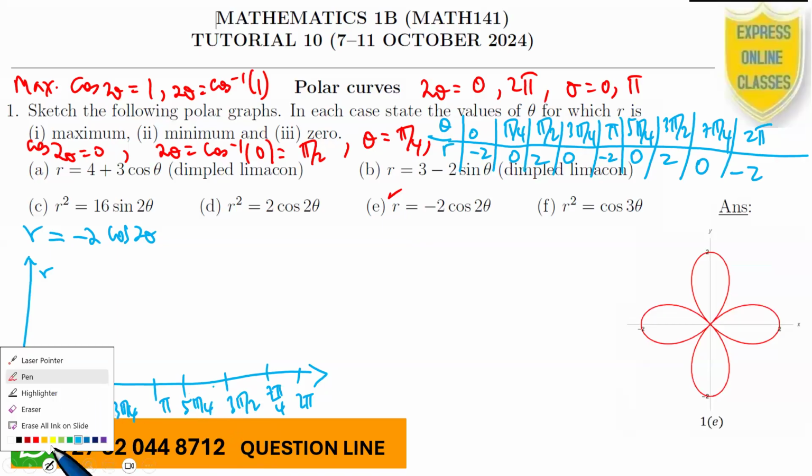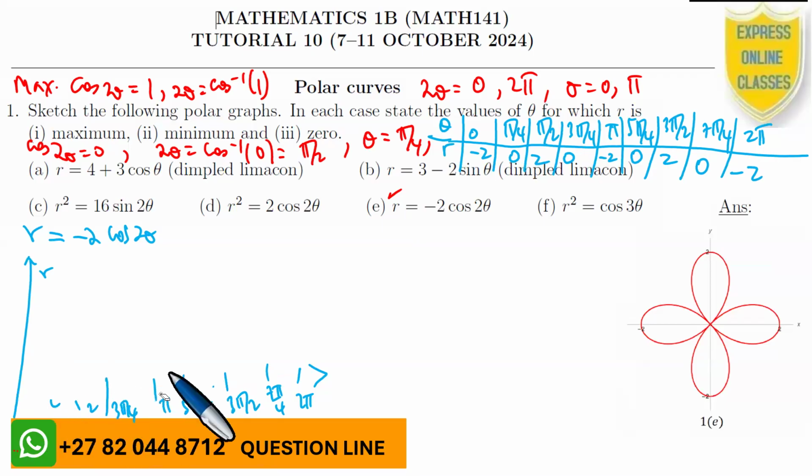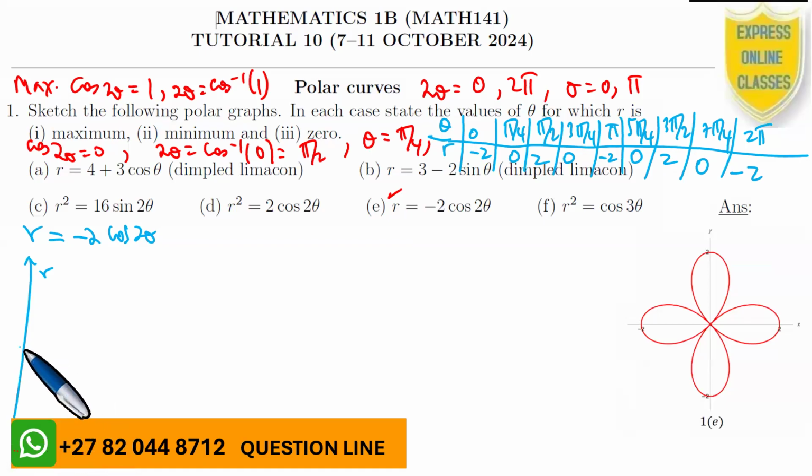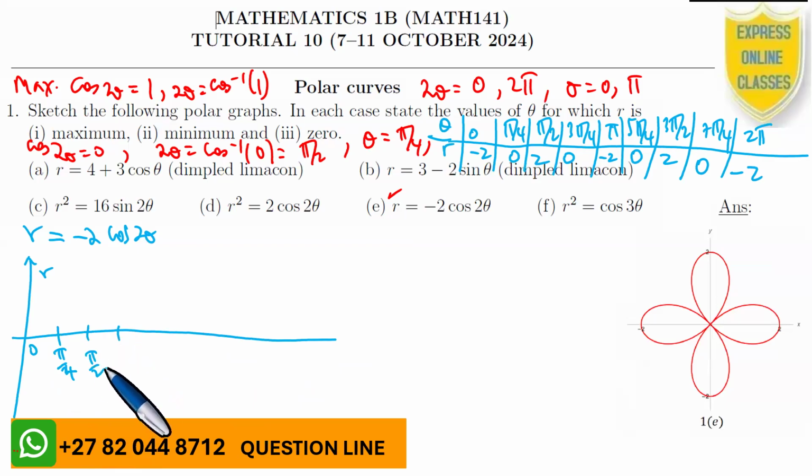So this one is going to have negative r's, so we need to put in the middle: pi over 2, 3 pi over 4, pi, 5 pi over 4, 3 pi over 2, 7 pi over 4, 2 pi. At 0 it is minus 2.